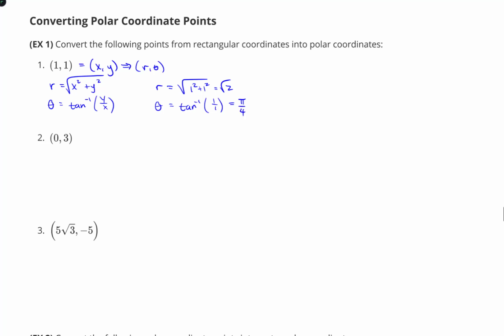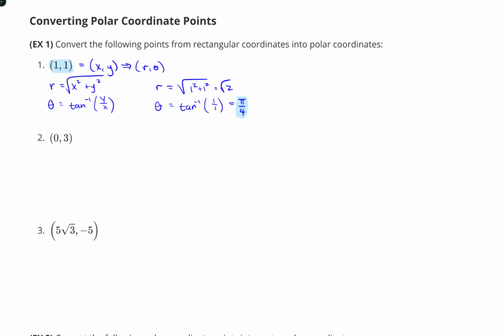Double check your angle measure and make sure it agrees with the quadrant of the original point. Sometimes arctangent will provide you an answer in the wrong quadrant, and you have to adjust for that manually. It's just a limitation of the function arctangent.